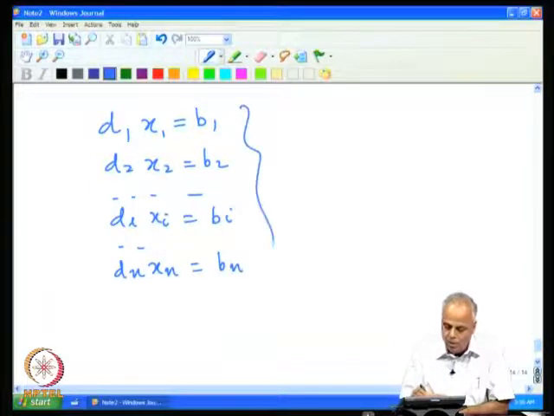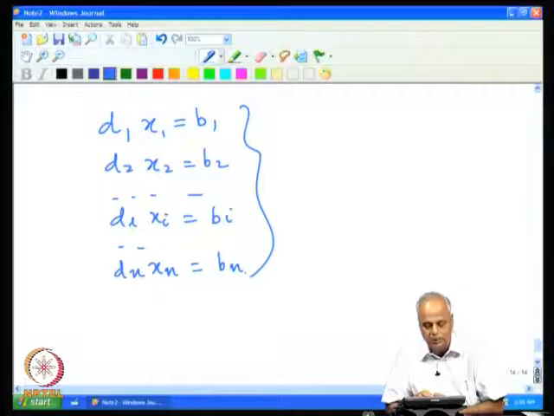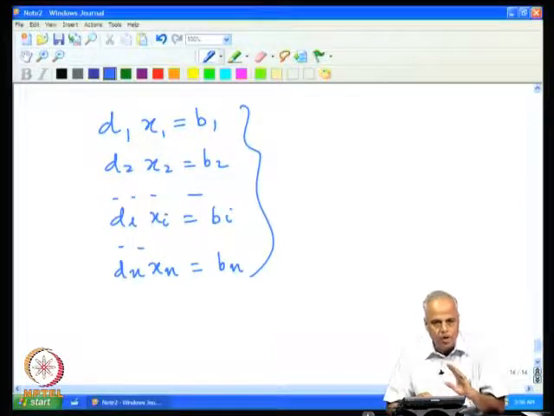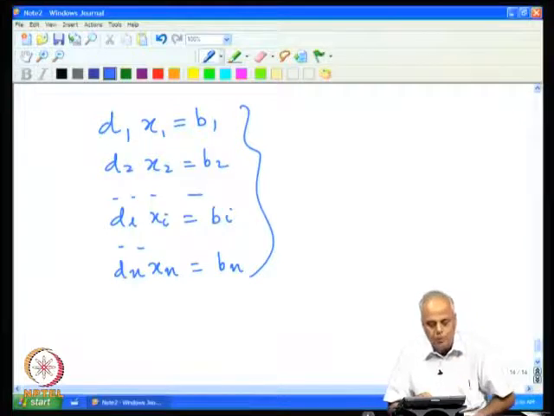So this is one of the simplest situations of a system. We have n equations, we have n unknowns, the variables or the unknowns are all completely decoupled, and the ith equation involves only the ith unknown. So therefore we can easily try to solve these equations.